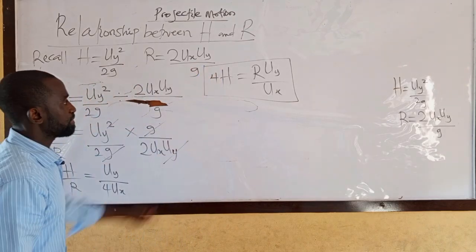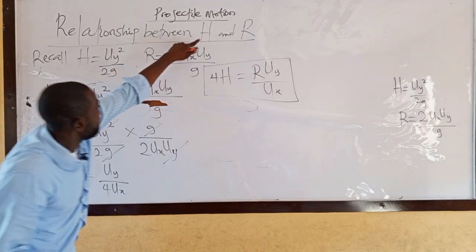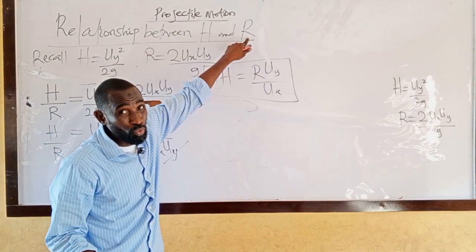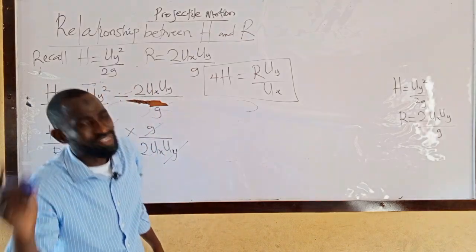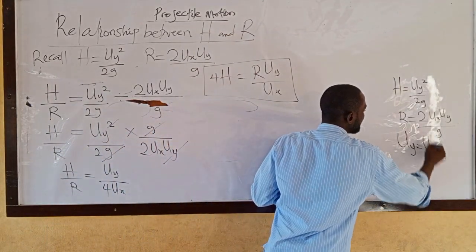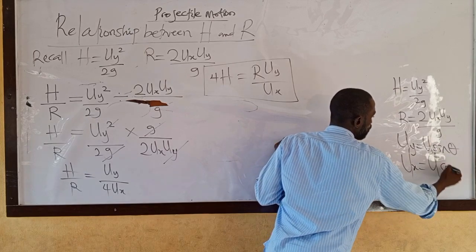This is one of the formulas, okay? One of the formulas: H max with horizontal range. But we can't stop here. Our Uy is U sin theta, and our Ux is U cos theta.